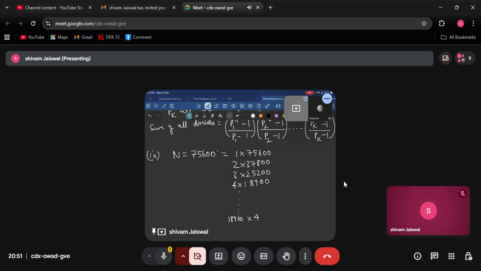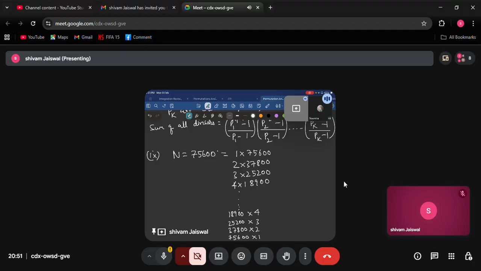Then 25200 into 3. Then 37800 into 2. And lastly 75,600 into 1.